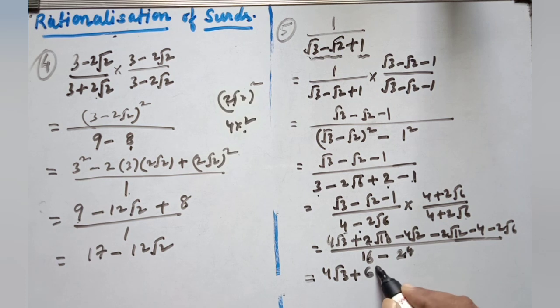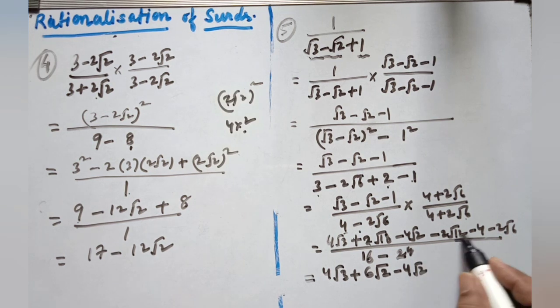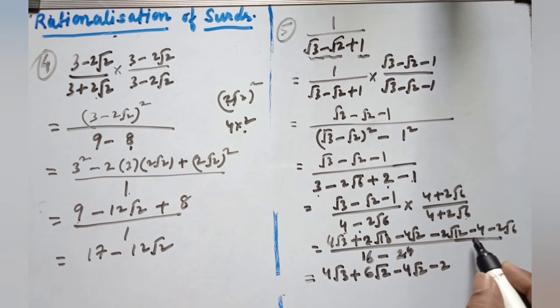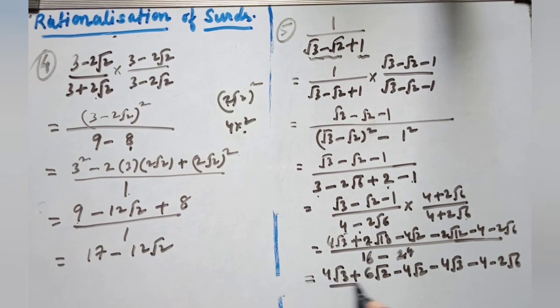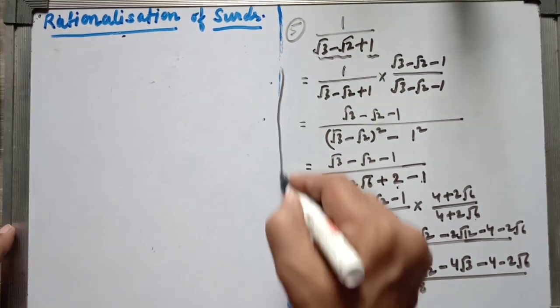So this becomes 6 root 2 minus 4 root 2, which is already in simplest form, and here root 12 means 2 into 2 into 3. One 2 we can take out, and it will be multiplied by this 2, so this becomes 4 root 3, minus 4, minus 2 root 6, upon minus 8, 16 minus 24.